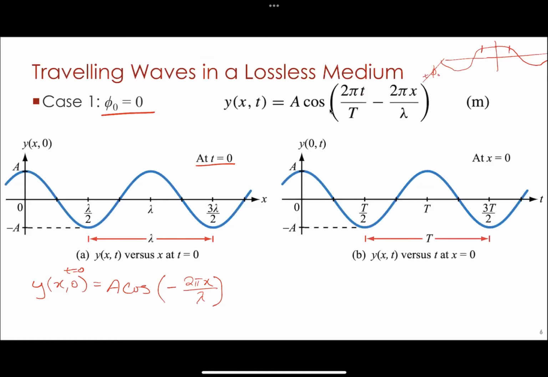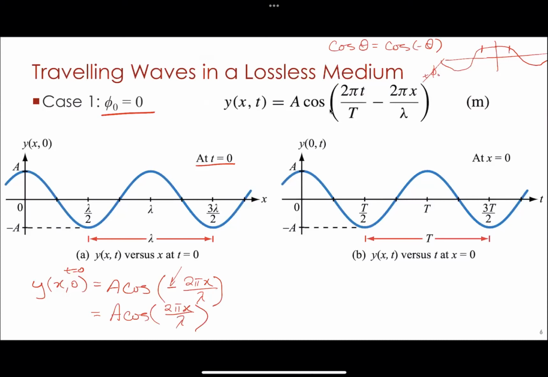Well, if you had your calculator and let's say you were in degree mode and you did the cos of minus 45 degrees, and then you did the cos of plus 45 degrees, they'd be the same. So this negative sign in here, it doesn't matter whether that negative sign's there or not. So cos of, I'll just say some generic thing like cos theta is equal to the cos of minus theta, which means that this is equal to A cos positive 2 pi x over lambda.